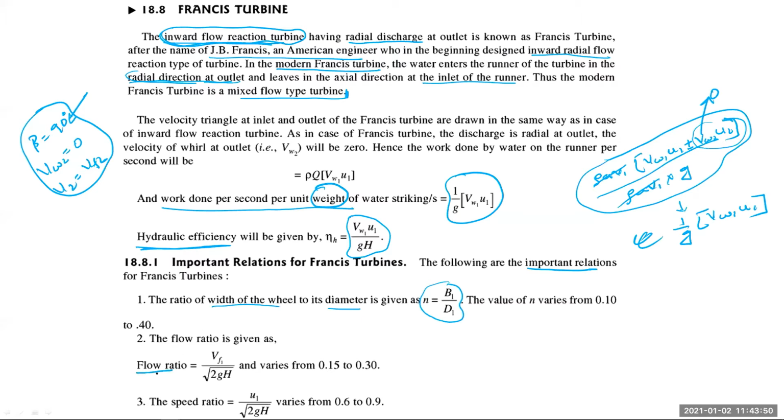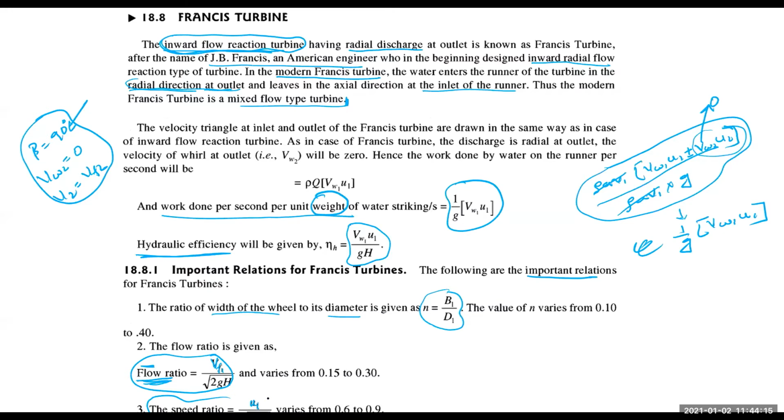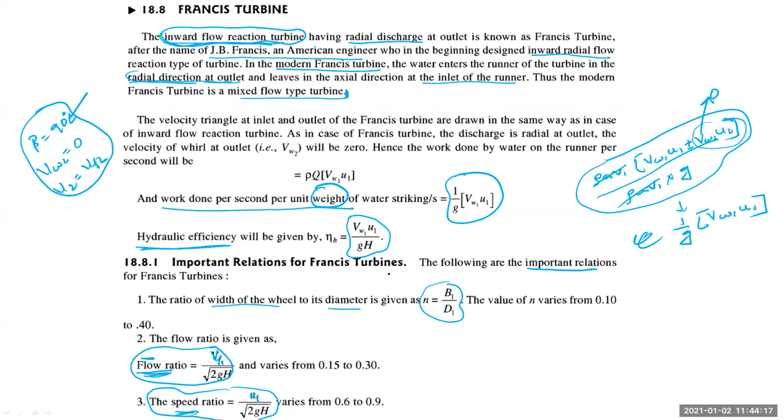Then the flow ratio: when this flow ratio is coming, keep in your mind Vf1, which, as we know, is your flow velocity. This is the speed ratio. Speed ratio is u1 upon root under 2gh. This is one relation that you have to keep in your mind, and this is the second relation. This will be helpful while solving the numericals.